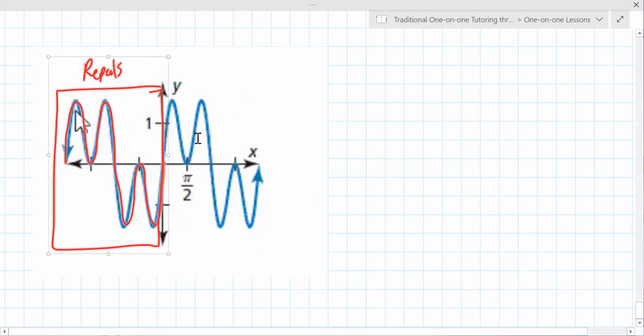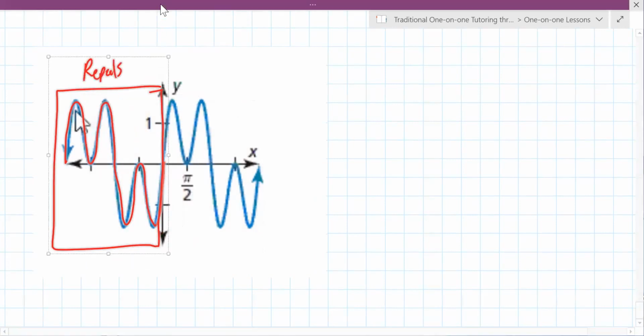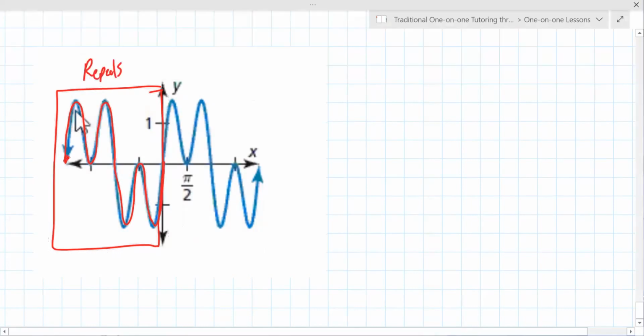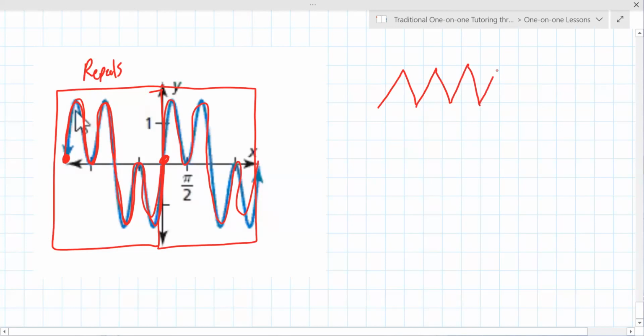Do you see that if I were to trace the red again, starting here, I'm going to trace exactly the same thing? So it repeats here. Periodic means it repeats. The same pattern repeats. In the first one, this was the repeating shape.